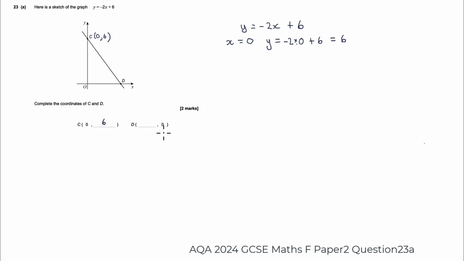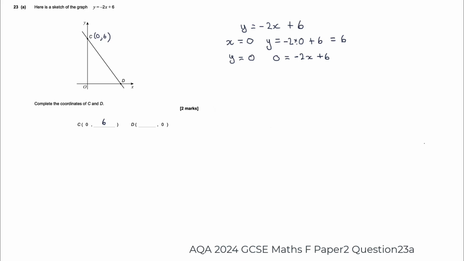Let's do point D. This time we have to work out the x-coordinate, knowing that the y-coordinate is 0. So this time y equals 0. So let's put y equals 0 there, and whatever the x-coordinate is, we know when we multiply it by negative 2 and add 6, we'll get 0.